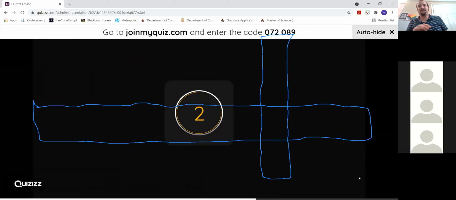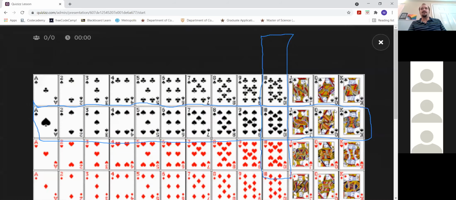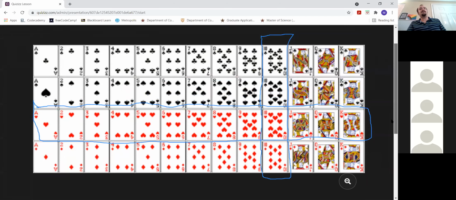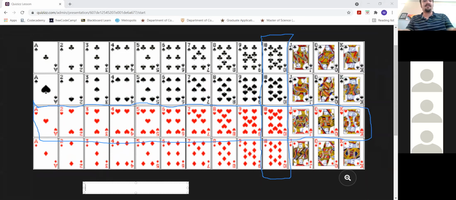Now, this is where things get a little bit weird. There are a few ways to do it. If you want to look at it pictorially, that might help you. I'm going to go ahead and write this on here. There are 13 hearts.